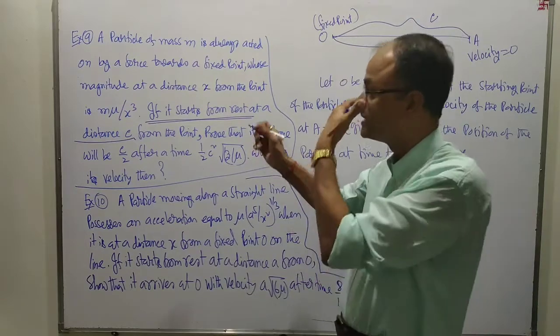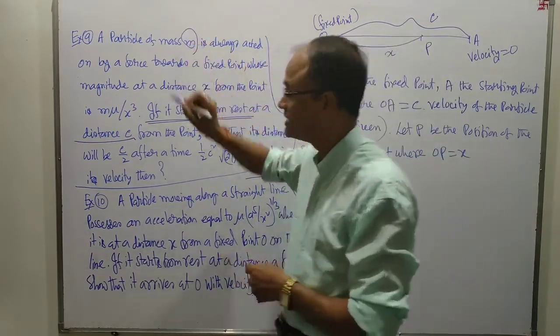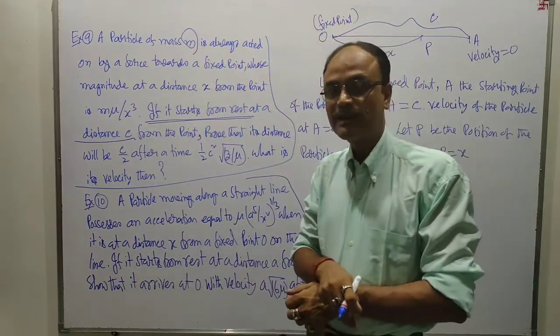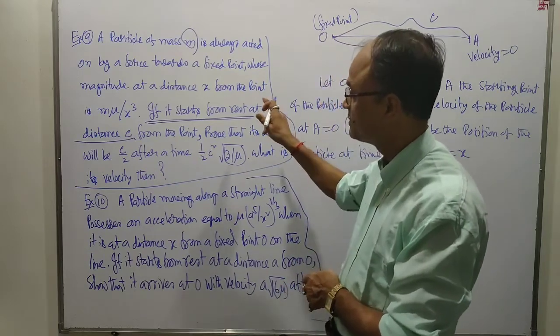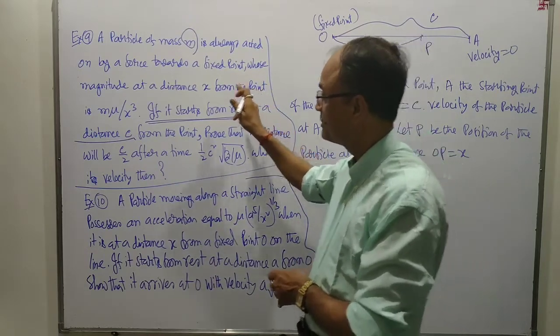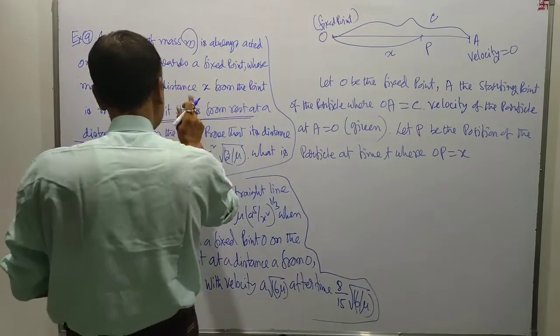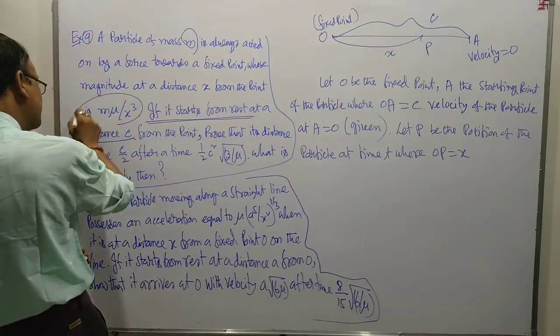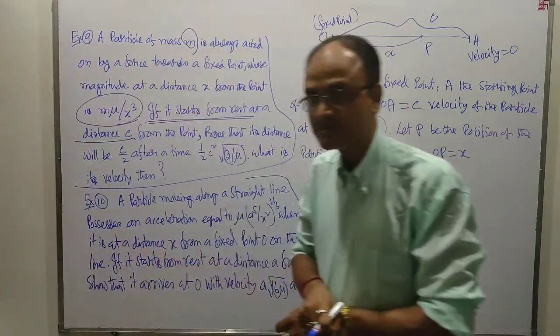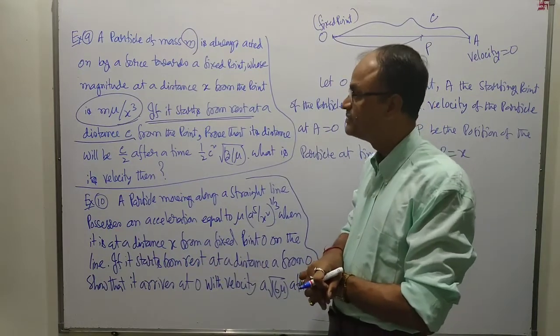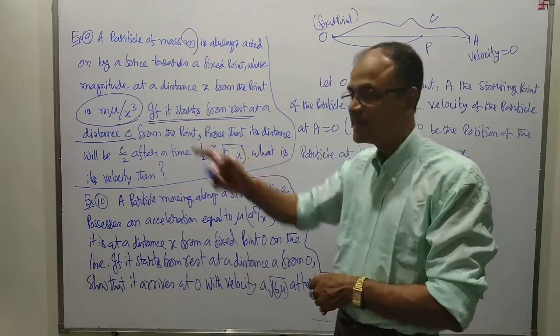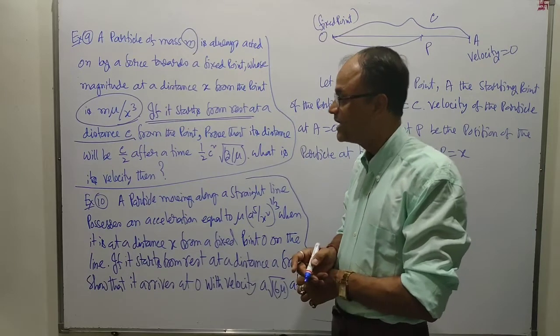Now, you see, the mass of the particle is m. And the force, at a distance x from the fixed point, is m mu by x cube.